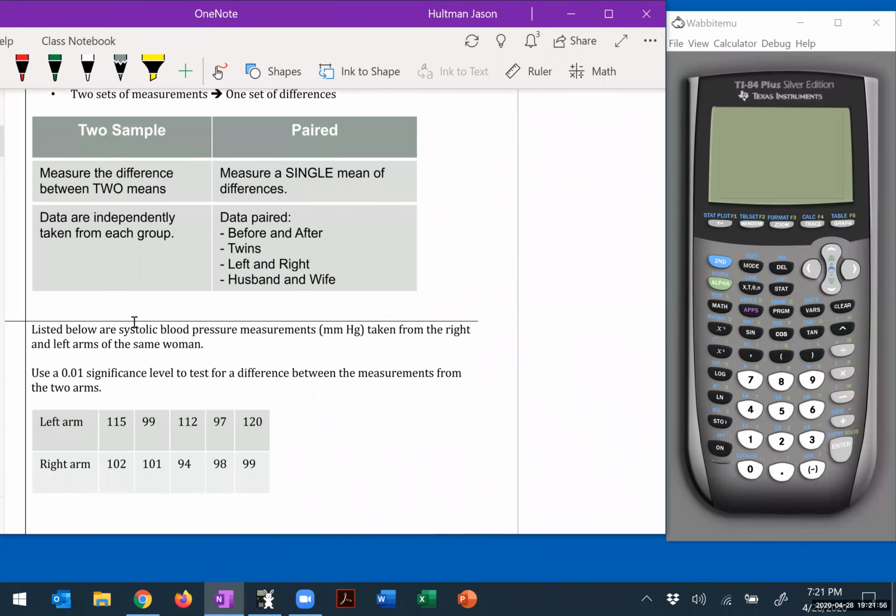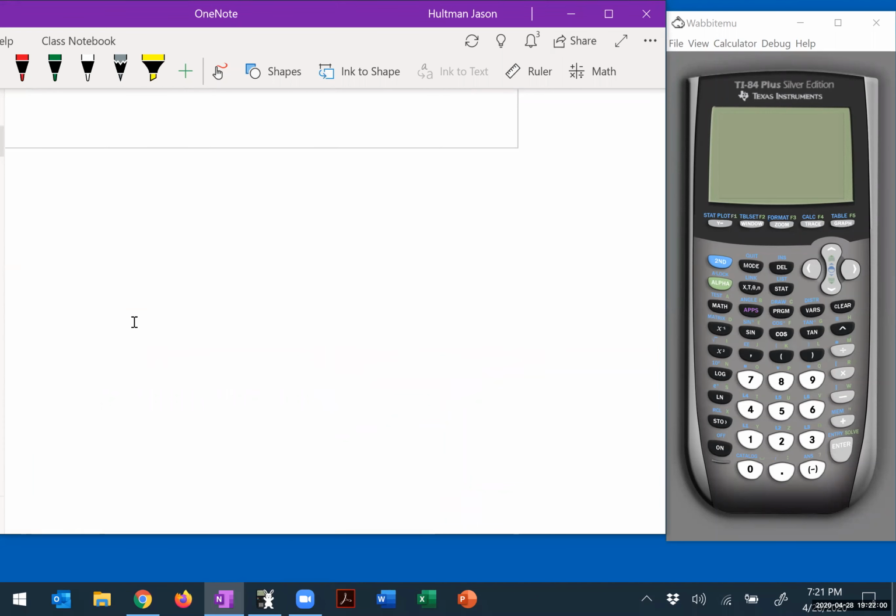I got some space. There we go. Okay, so yeah, let's go over this one.